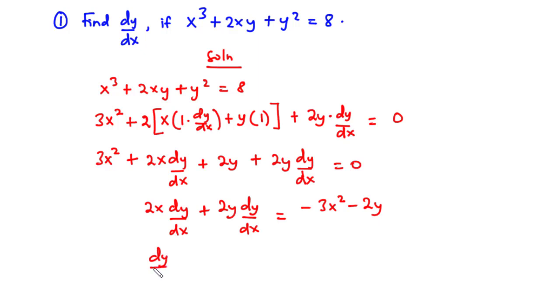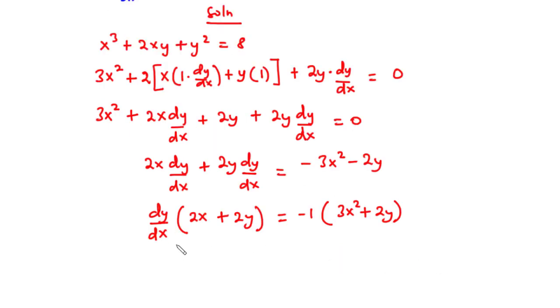We have dy/dx on the outside, and inside the bracket 2x plus 2y, equal to negative 1 times 3x squared plus 2y.